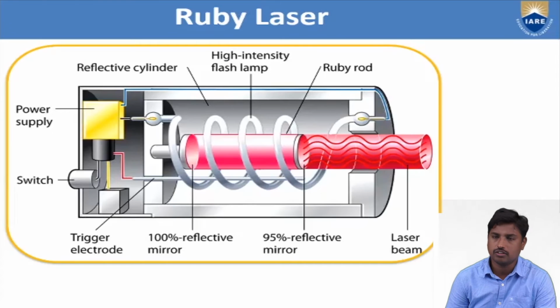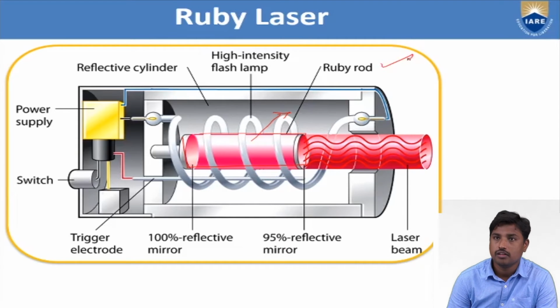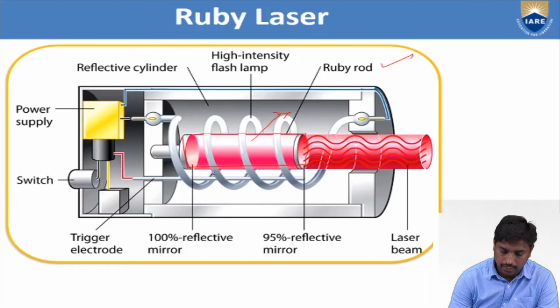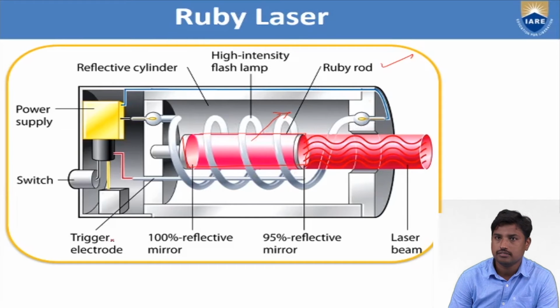Coming to the diagram, when you see it, it is clearly understood. The part in red color is called the ruby rod. The ruby rod is kept inside the helical xenon flash tube, which is connected to the power supply or high capacitor bank.